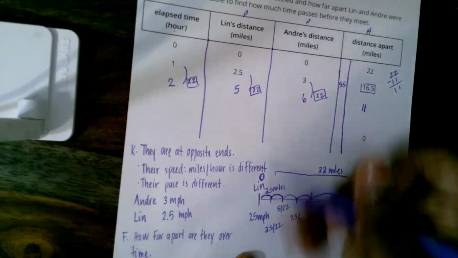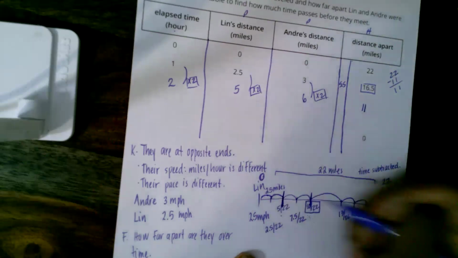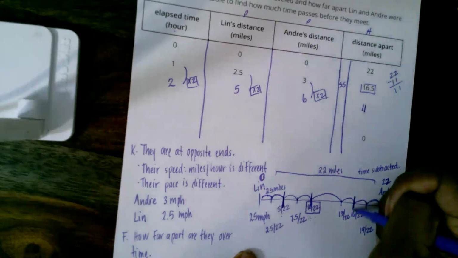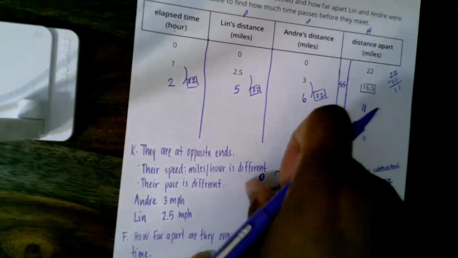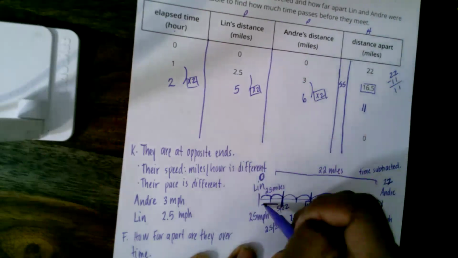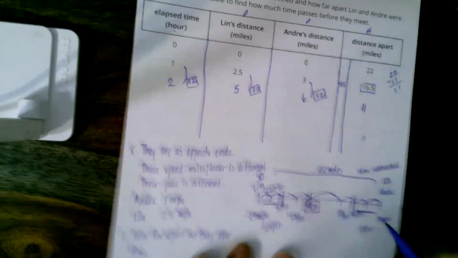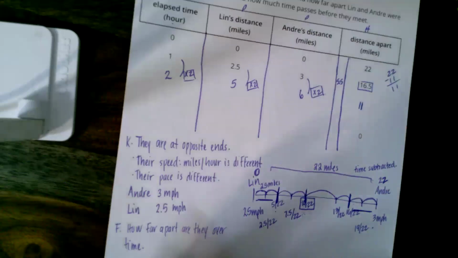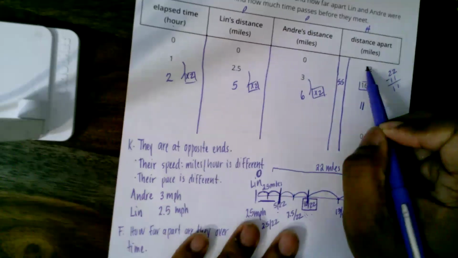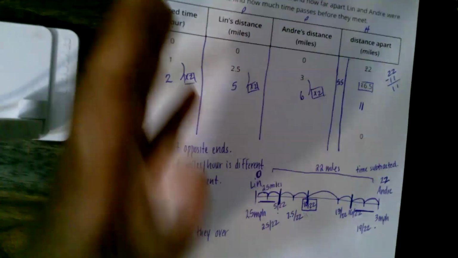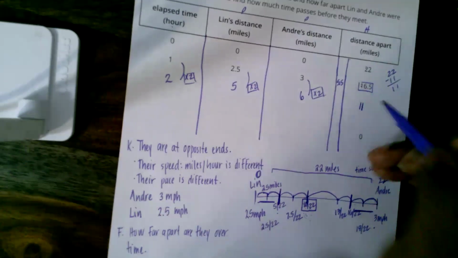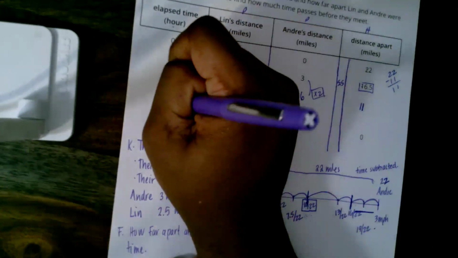So look, this is what I'm talking about. This total distance and this total distance total 11 miles. Before they were 22 miles apart, then they became 16 miles apart. So they're coming together. Now they're 11 miles apart. Okay, let's see what happens in hour 3.